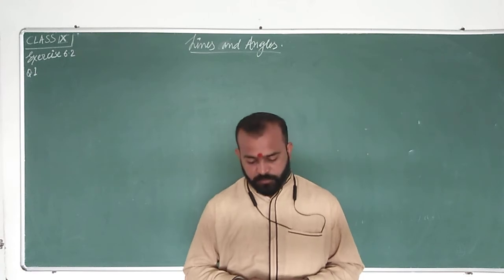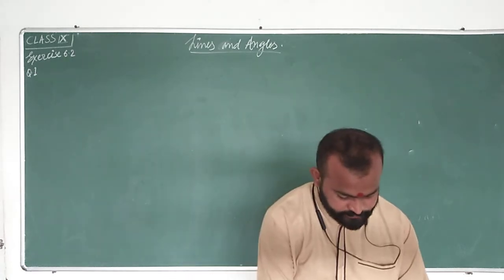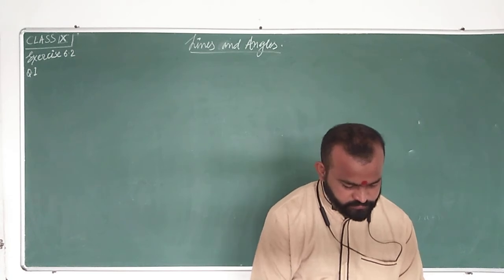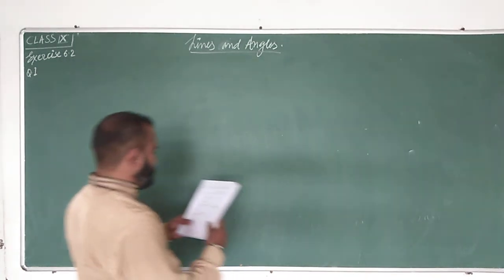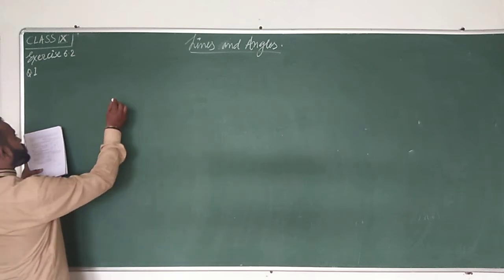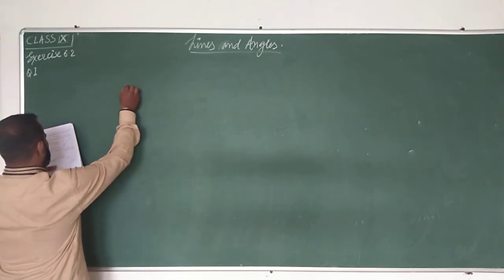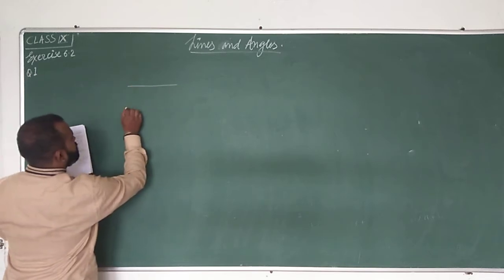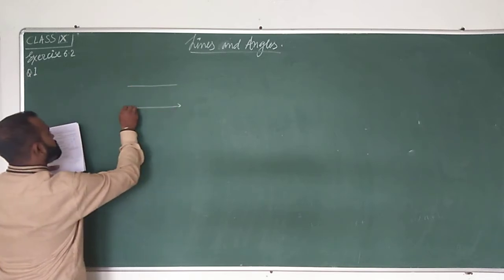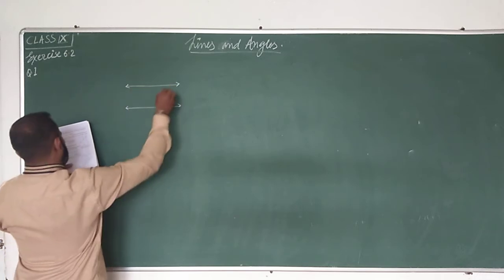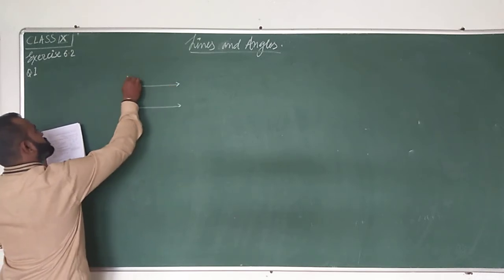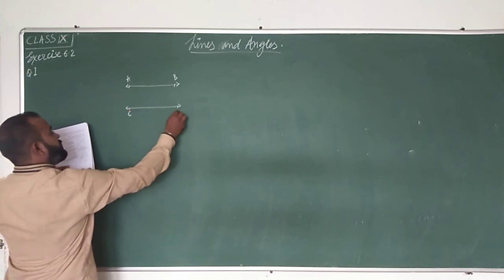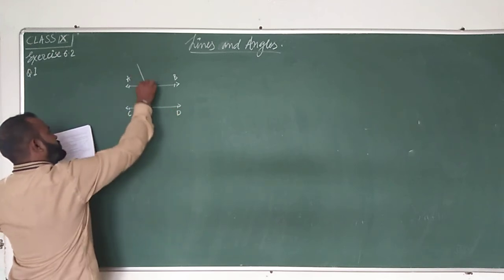So let's start exercise number 6.2. The first question is, find the value of x and y, then show that AB is parallel to CD. See, this type of figure is given to us. This is line AB, this is line CD, and it is cut by a transversal.